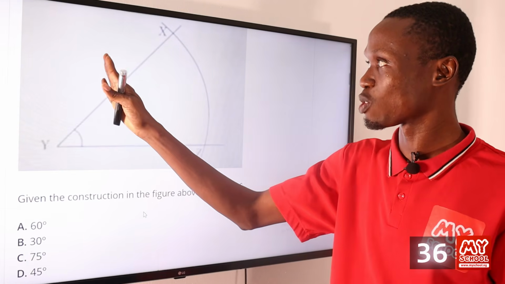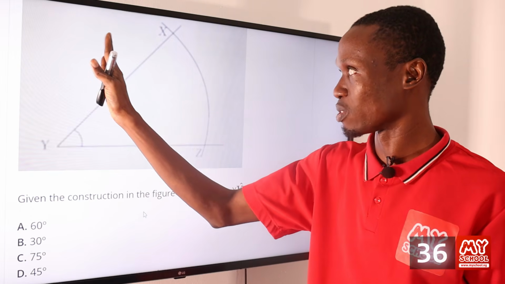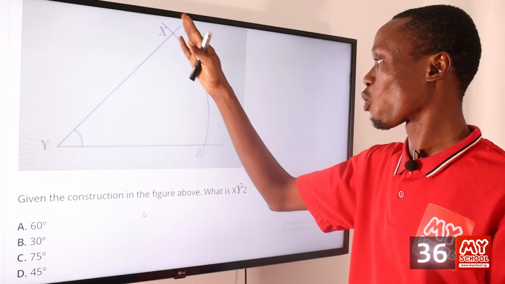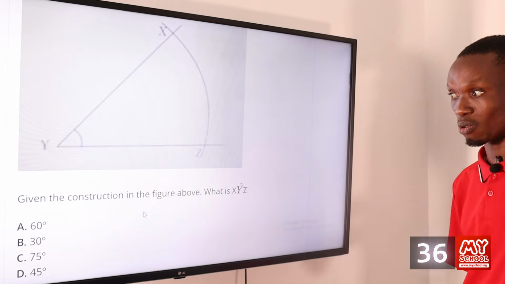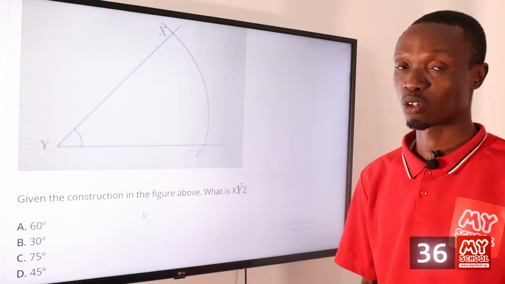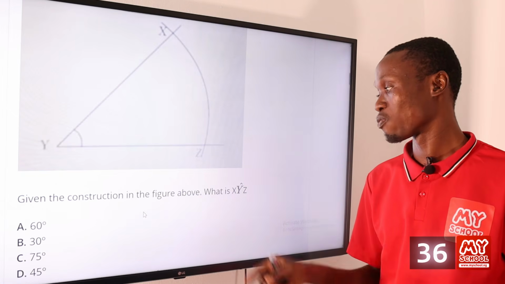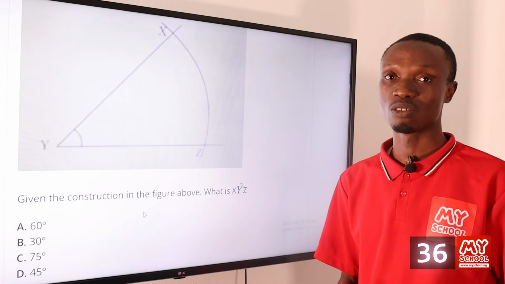So if you check this part and this part that is given to us, you discover that the part left on this side is smaller than this. So we can conclude that this part that is given to us is equals to 60 degrees. So the answer to this question is option A. The construction given in the figure above, the angle of Y there is 60 degrees.